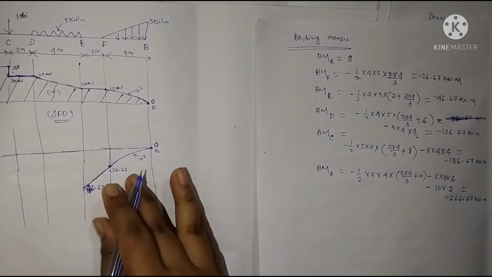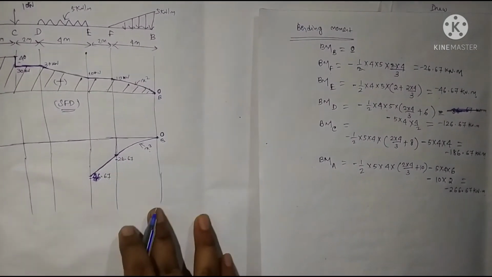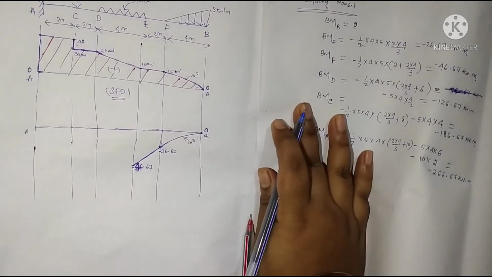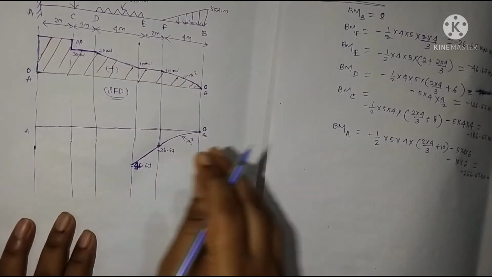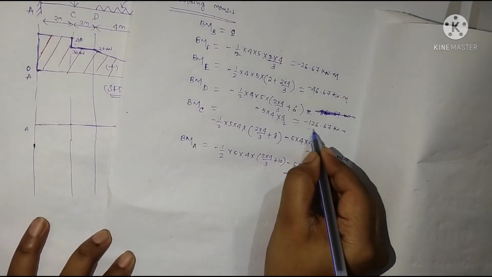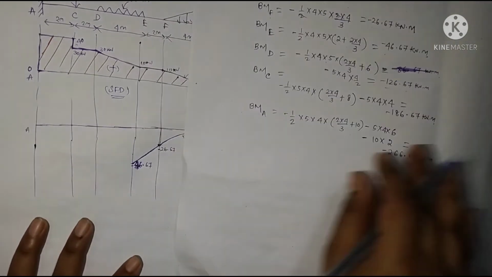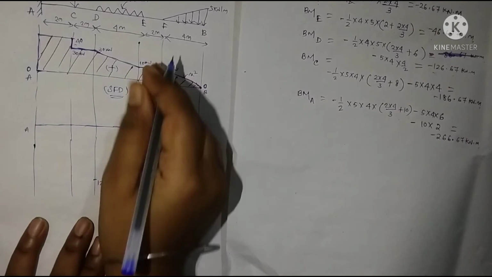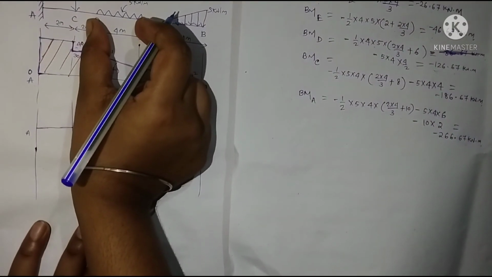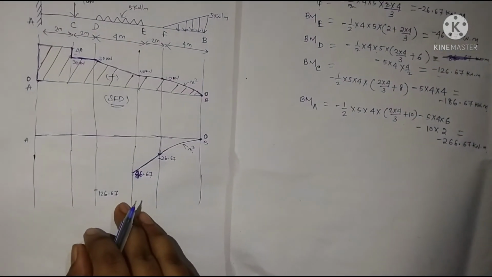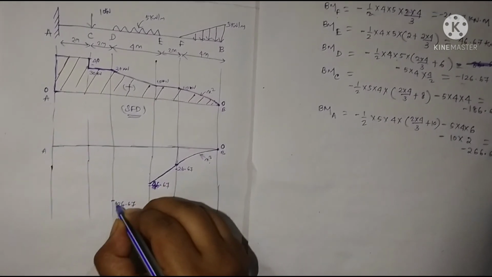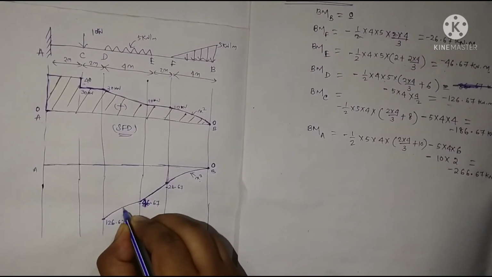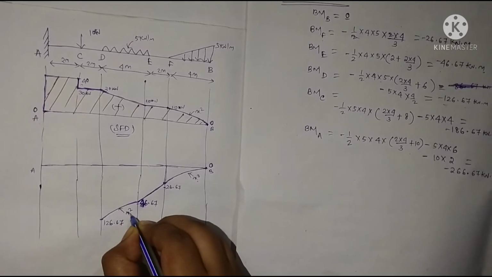Now at point D, our bending moment will be minus 126.67. Here uniformly distributed load is acting, so our diagram will be parabolic. This is negative, so it is a negative parabola, that is x square.